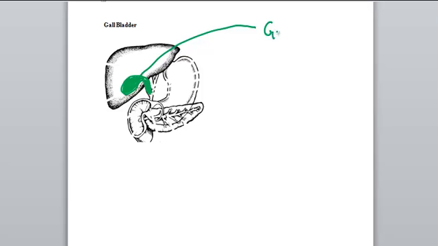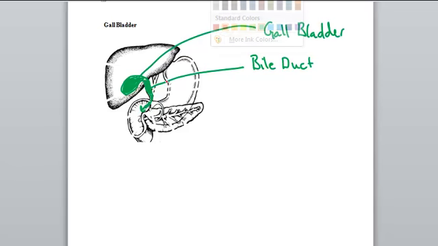So we have the gallbladder, and then we have these little ductways called the bile duct, which attach into the small intestine, along with the hepatic ducts straight from the liver. So remember, we had the hepatic ducts where they all meet together.